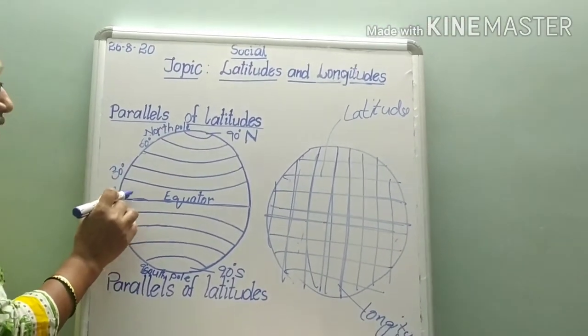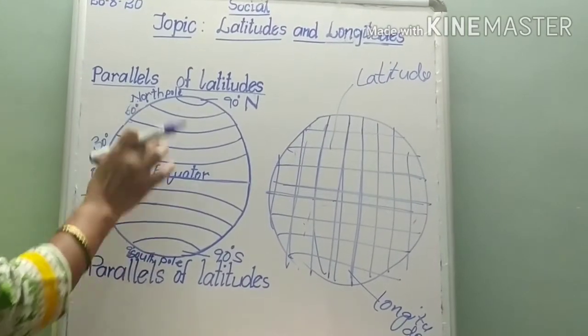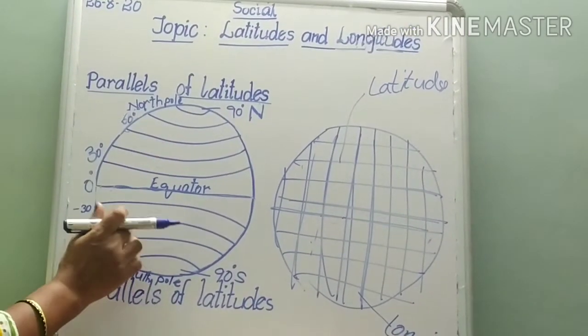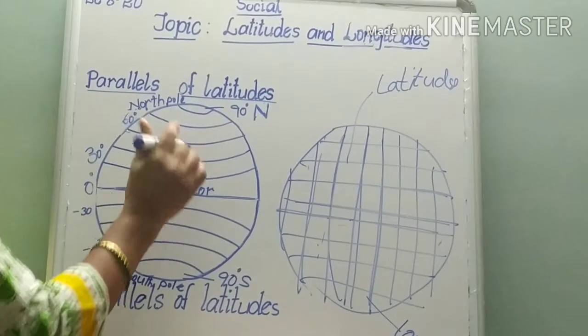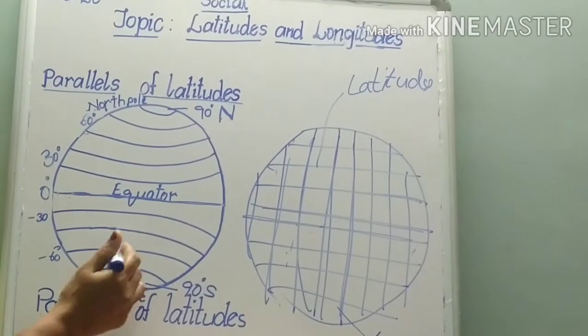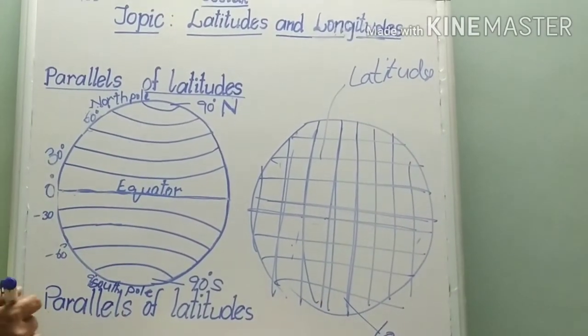The equator divides the earth into two halves or two hemispheres. This part is known as the northern hemisphere and this part is known as the southern hemisphere.